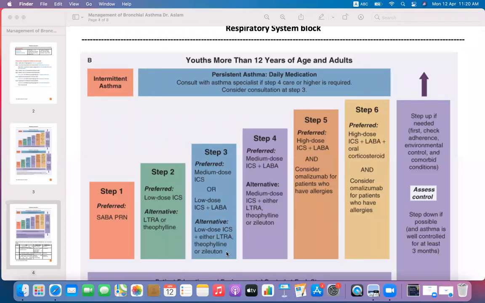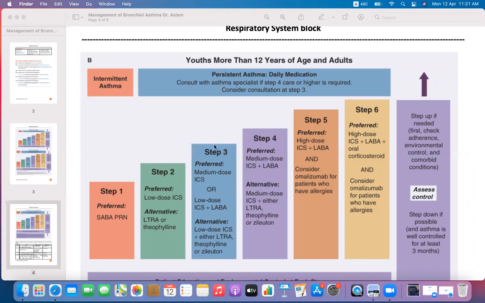Take a note, zileuton is not a leukotriene receptor antagonist, but it inhibits the release of leukotrienes. So in step 3 medications, there is addition of zileuton.